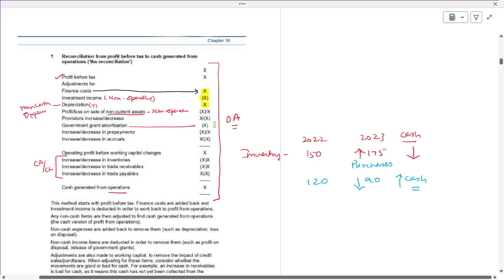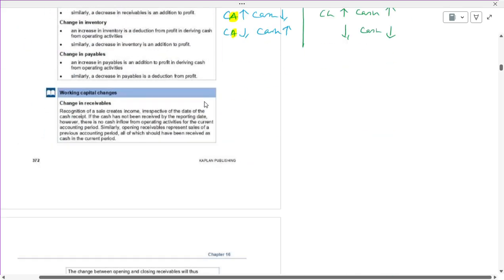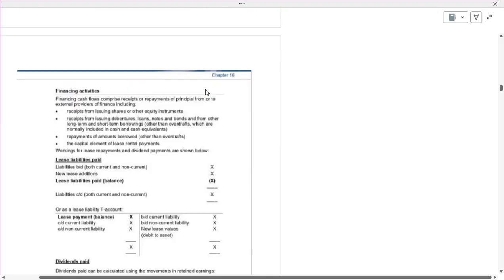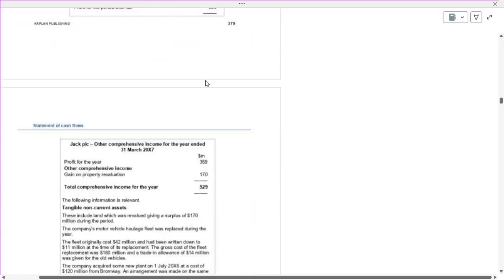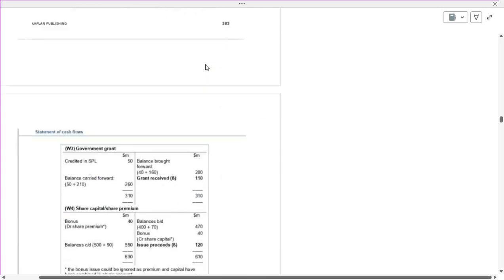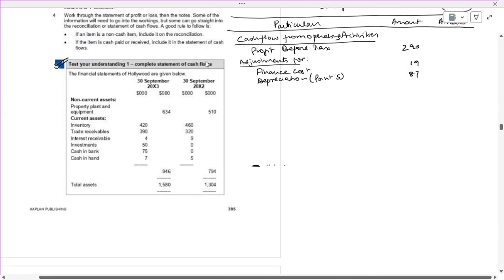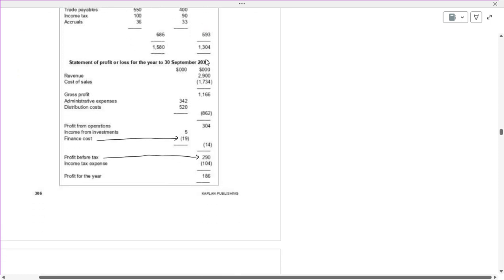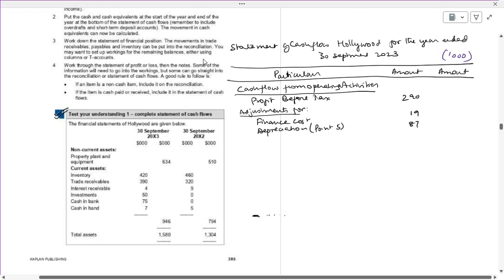If they say only one point, it is always plus or always minus. If they have not given an option, then it is only one thing. How much is the investment income? Investment income is 5.